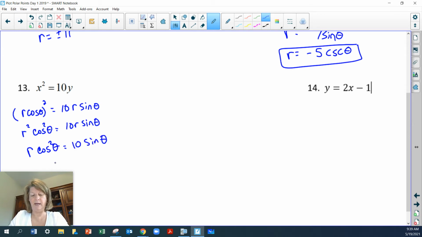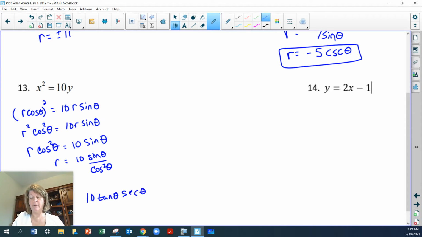And then I would divide by cosine squared. Sine over cosine squared. Technically, we have a polar equation. Now, I'm sure we could make that look a little nicer. Sine over cosine, is that tangent? Yeah, opposite over adjacent. That's tangent, so I could have 10 tan theta, and 1 over cosine is secant theta. Could write it like that.